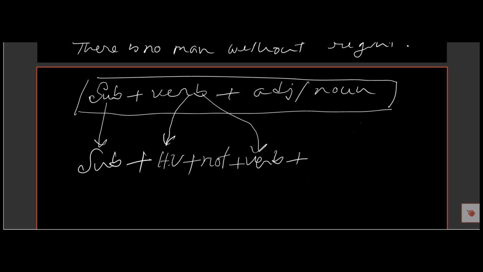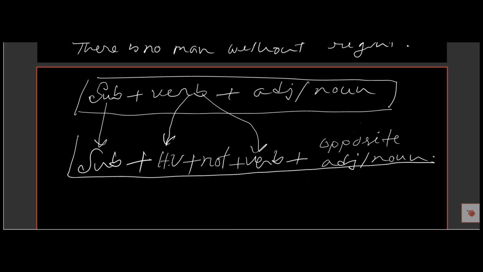Then the opposite adjective or noun comes here. So this is the structure of the negative form if the sentence structure is that kind.